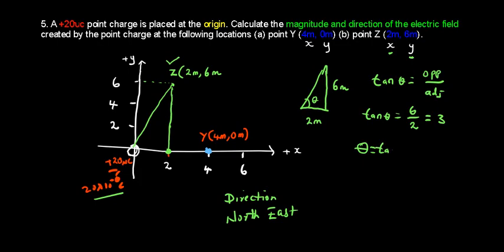We have it as 71.57 degrees. So the direction is 71.57 degrees north of east. North of what? East.